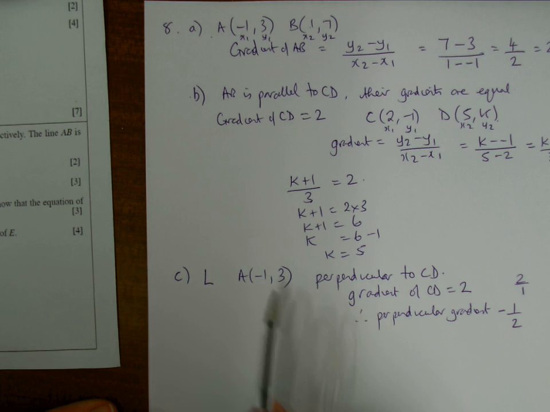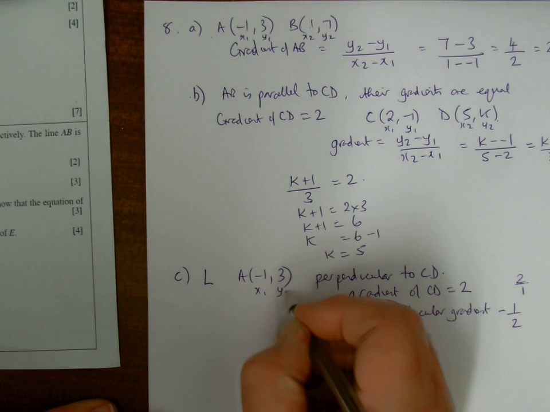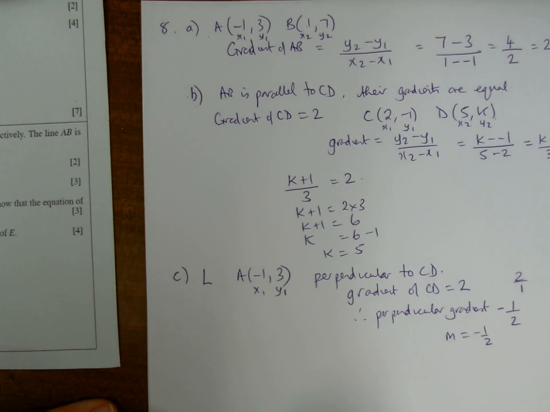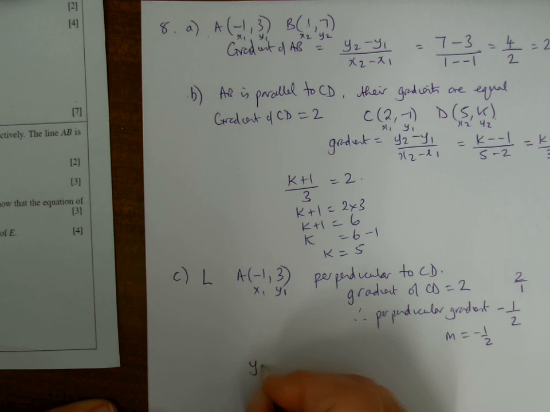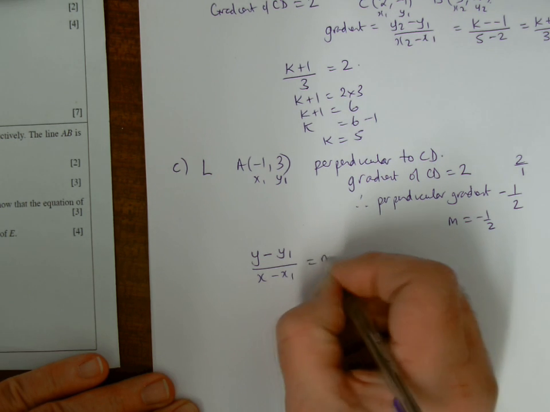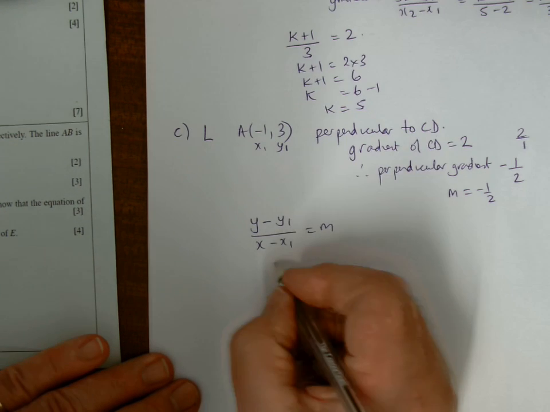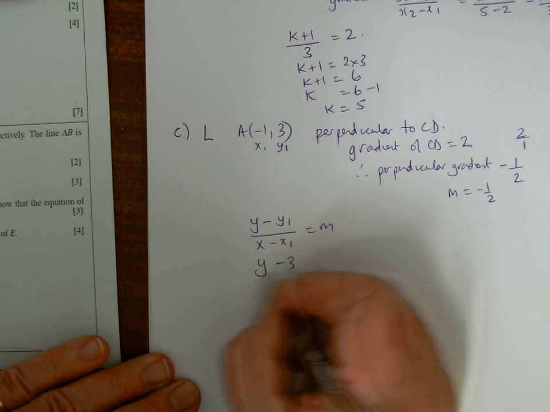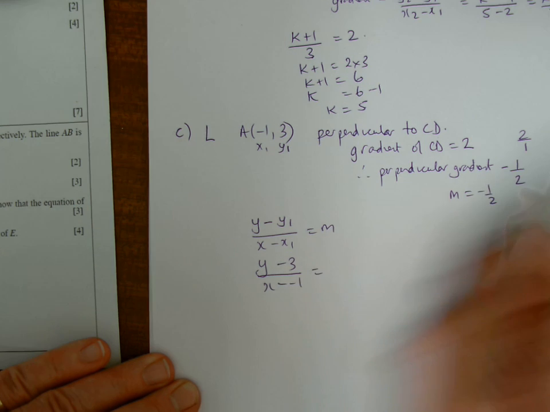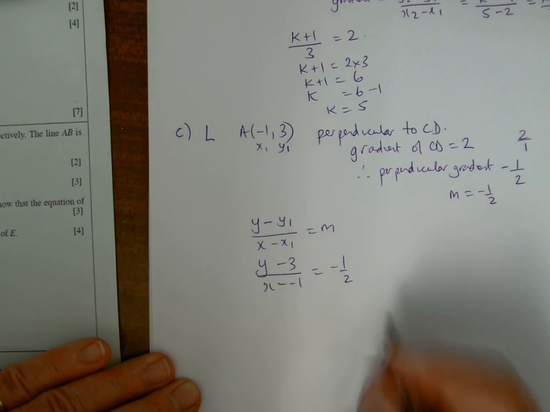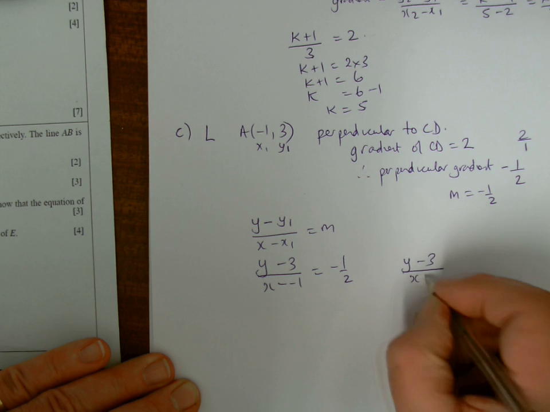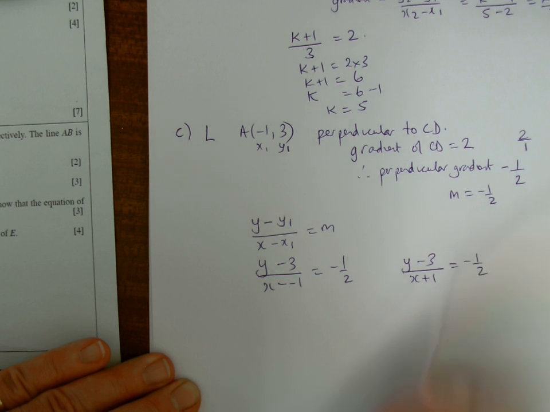So L is the line which passes through (-1, 3), that's x1, y1, with the gradient m equal to minus a half. So the equation of the line is y minus y1 over x minus x1 equals m. Sub in: y minus 3 over x minus minus 1 equals minus a half. So that's y minus 3 over, double minus on the bottom line goes to plus, x plus 1 equals minus a half.